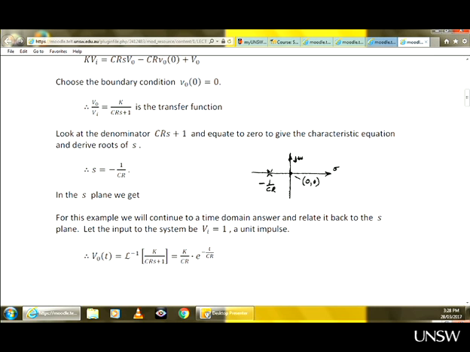So this number is somewhere here. It is on the real axis and on the left-hand side of the plane. So left-hand half of the real axis. So it is negative.